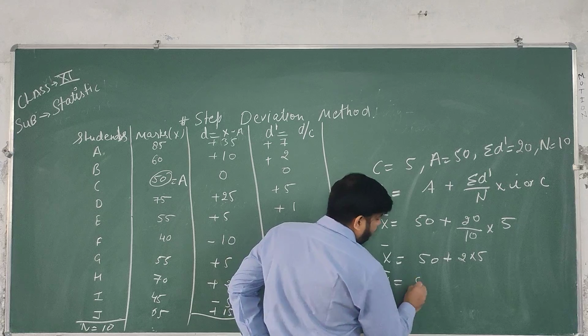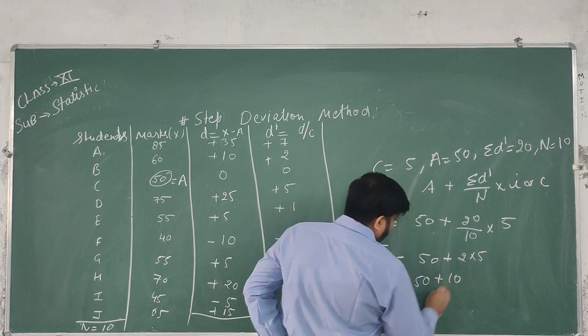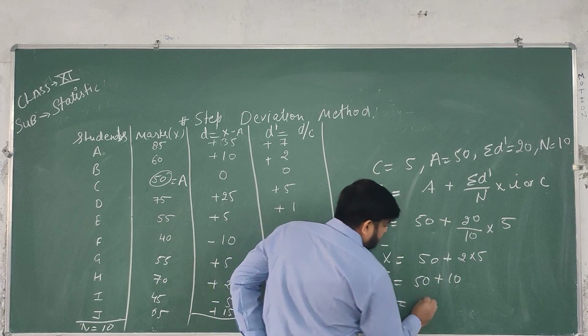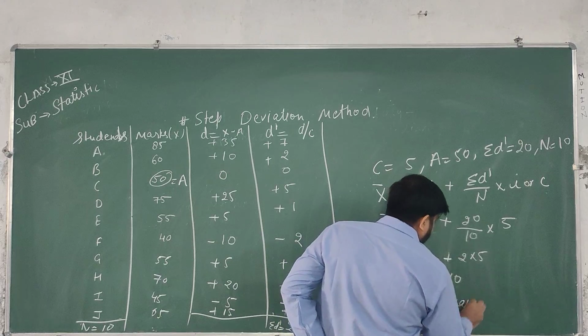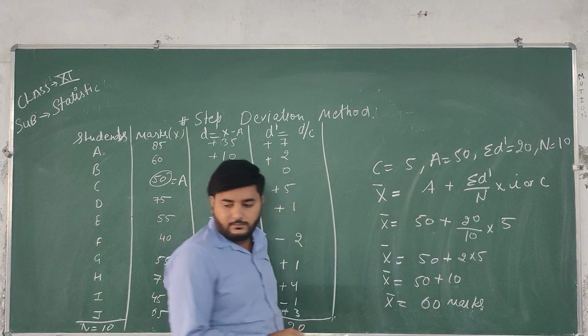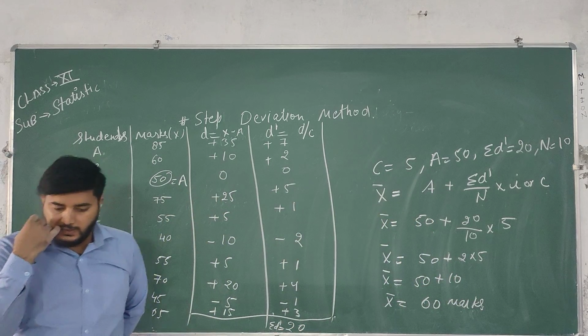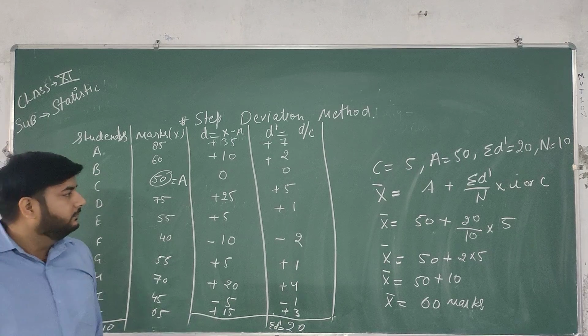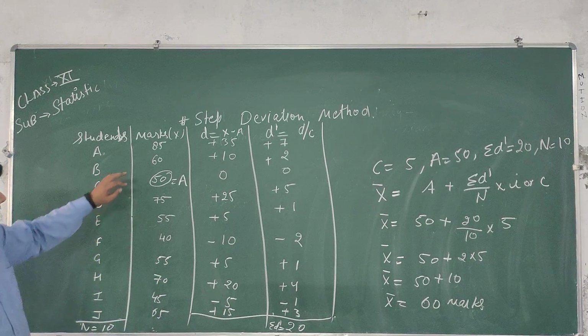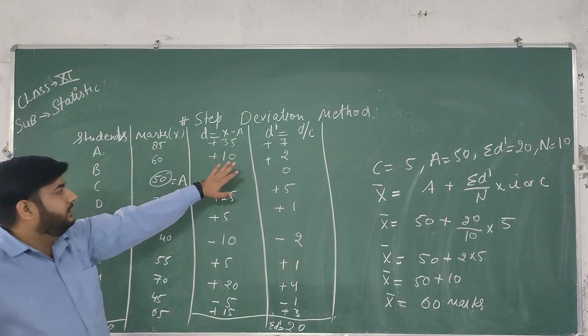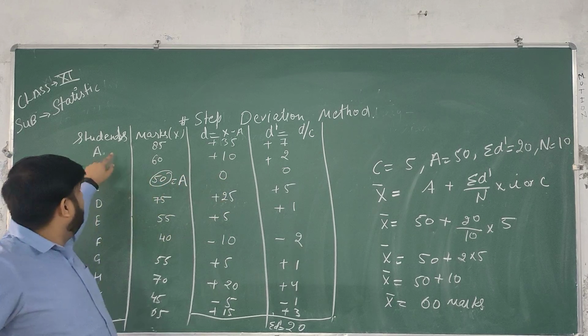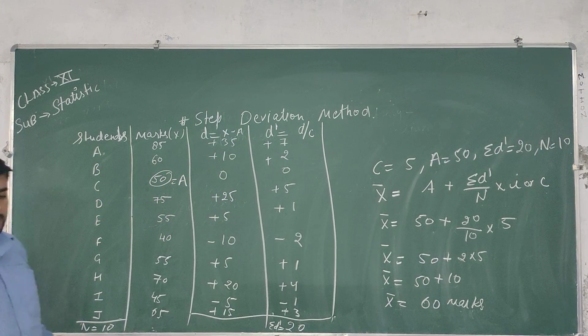X mean is equal to 50 plus 10. Mean value is 60 marks. So this is the step-deviation method to calculate mean under the individual series.